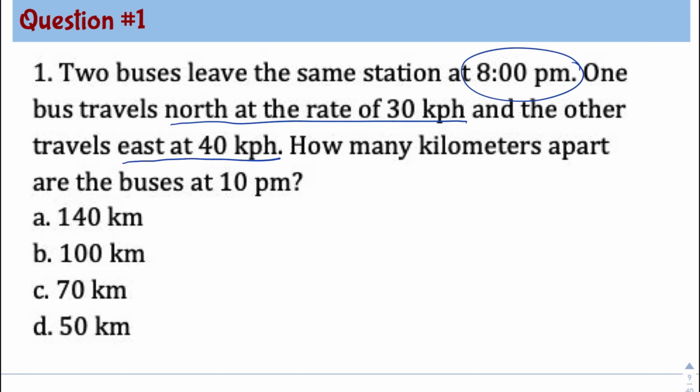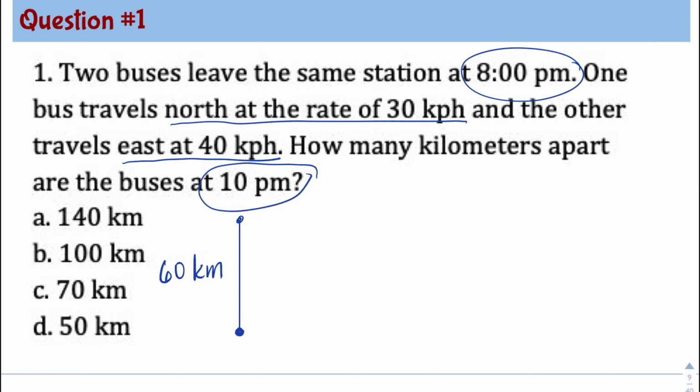How many kilometers apart are the buses at 10 p.m.? So in this problem, we know that two buses traveled for 2 hours from 8 p.m. to 10 p.m. So let's assume that this point is the starting point, and one bus travels north at 30 kilometers per hour. So in 2 hours, what's the distance traveled by bus number 1? 60 kilometers, right? Because we need to do 30 times 2 hours.